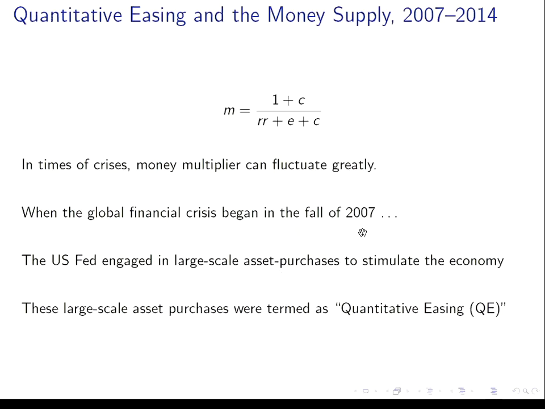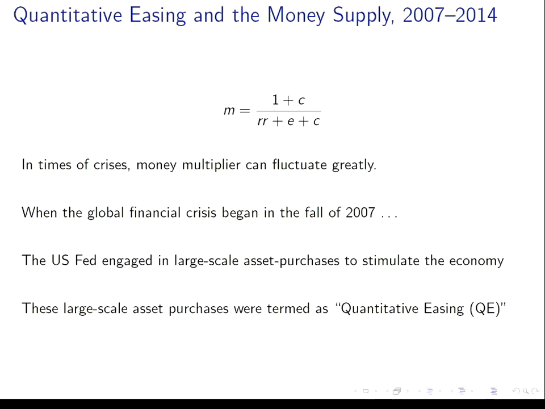So let's talk about quantitative easing and apply this theory to test. We start with the concept of the money multiplier that we have just achieved. And the key point to take away is that when you have recessions, money multipliers don't behave the way they're supposed to.